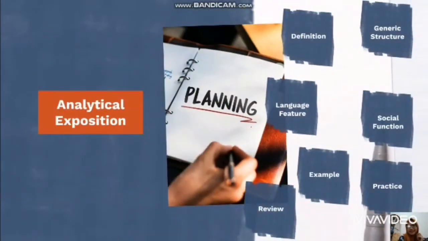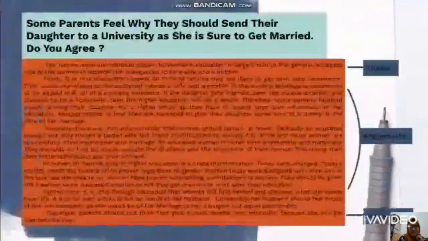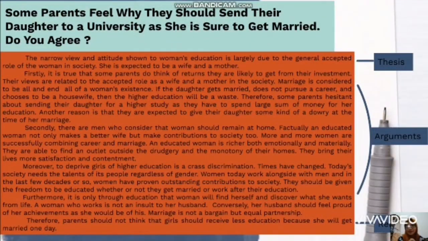Alright, now let's take a look at the whole example, because before I used a jumbled paragraph to make an explanation for you guys. Now you have seen the whole text of the analytical exposition text.